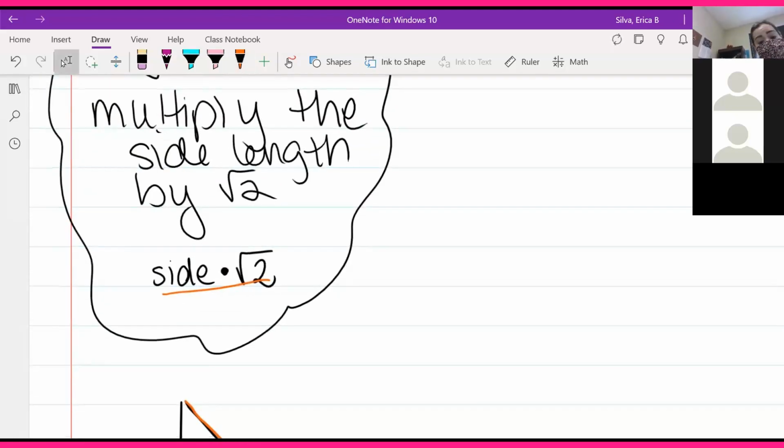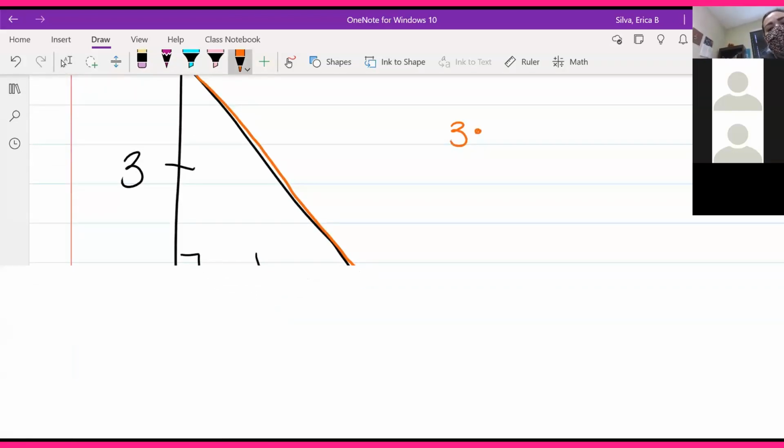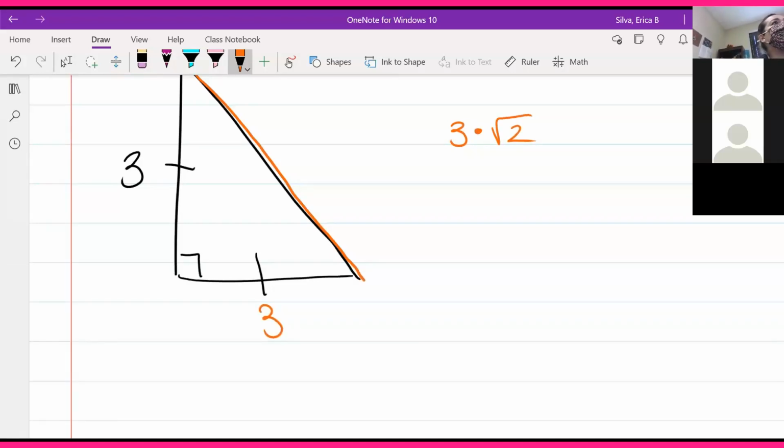Multiply it by the square root of 2. So we're going to get 3 multiplied by the square root of 2, and then simplify. What's 3 times the square root of 2? 3 square root of 2, right? Yeah, that's it.